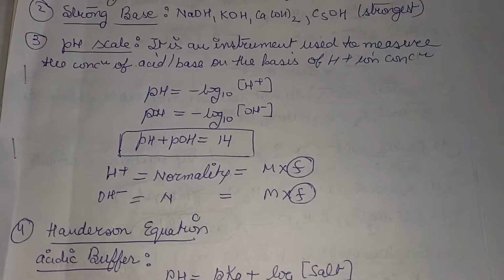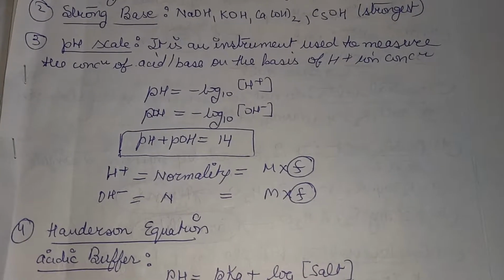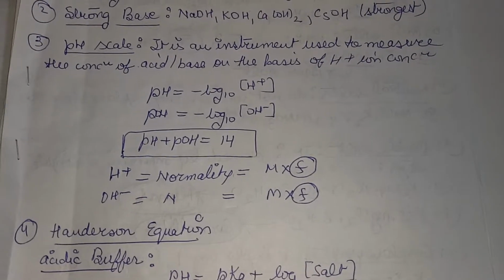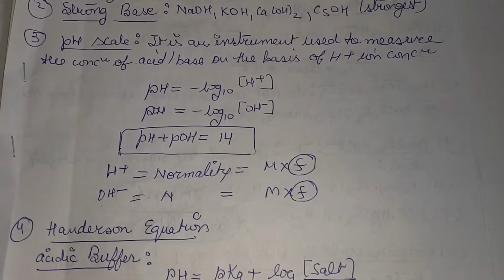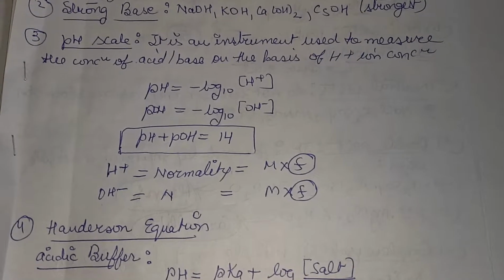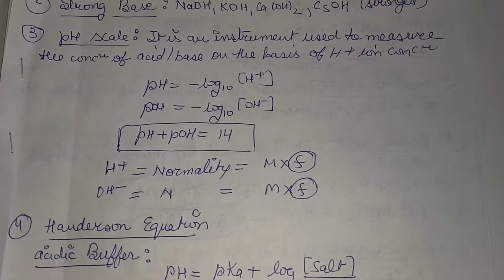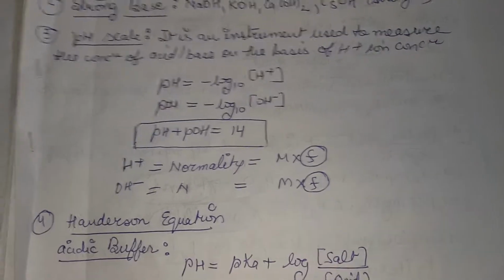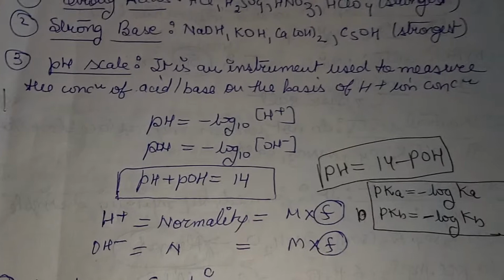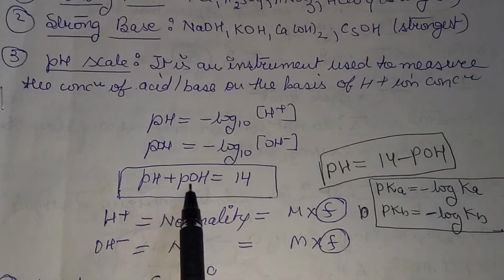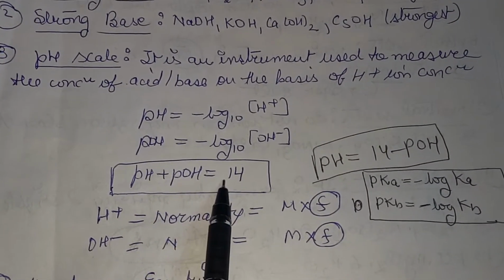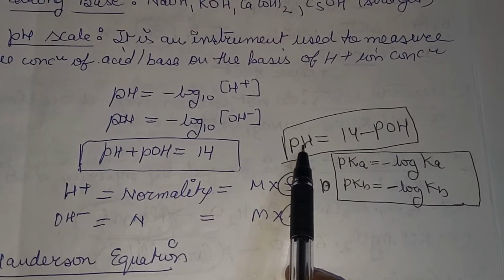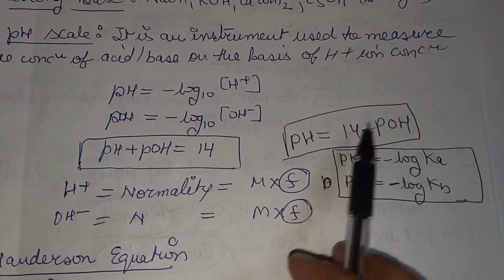The formula of pH is pH equals minus log10 of H ion concentration, or if the concentration of OH is given, then pOH equals minus log10 of OH ion concentration. pH plus pOH equals 14, or in other words we can write it this way also: pH equals 14 minus pOH.